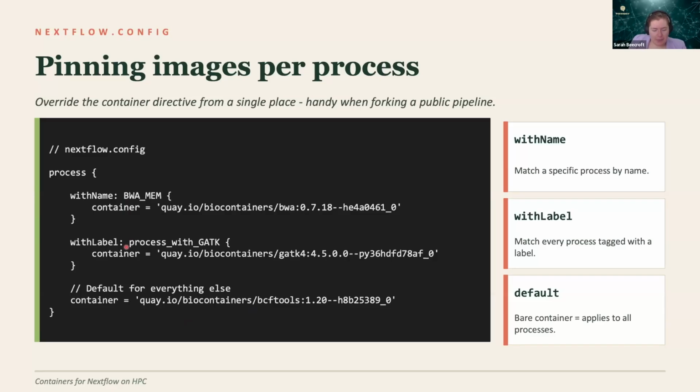Processes can be labeled, for example, like high memory or big job. Maybe you have multiple processes with that label, high memory, or in this case, process with GATK, and you can group all of those to use a certain container, for example.